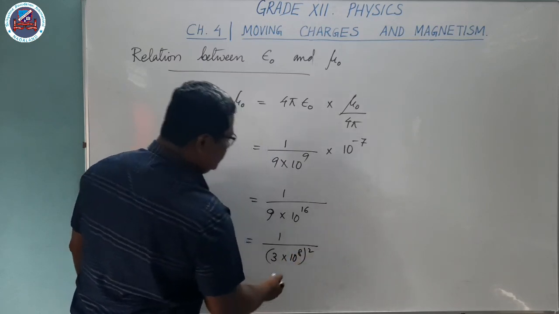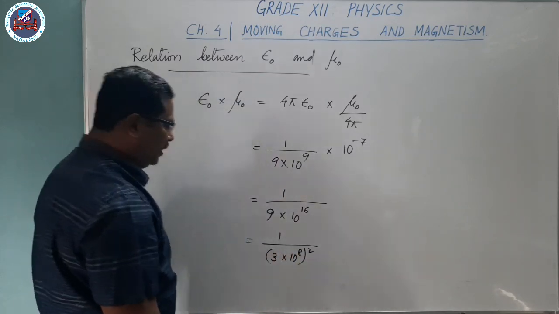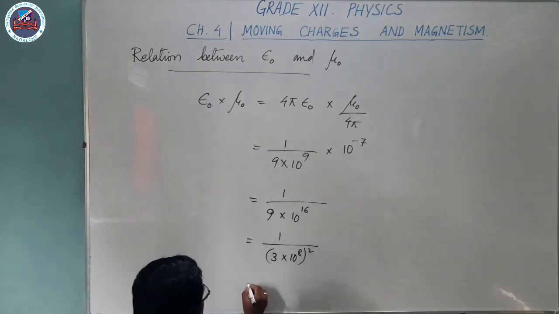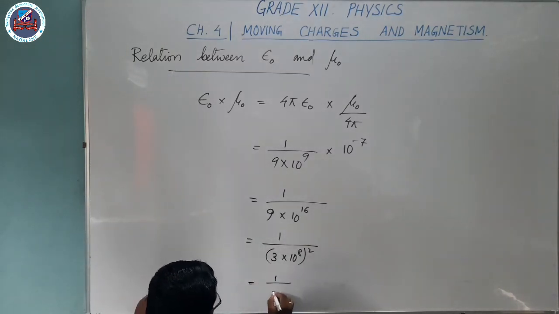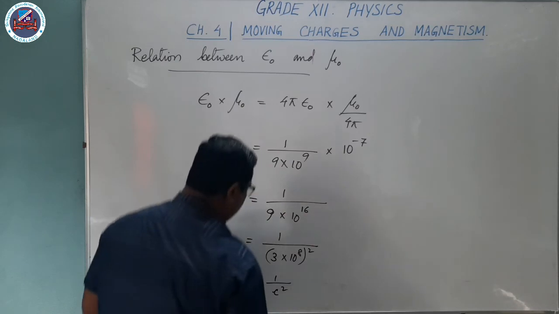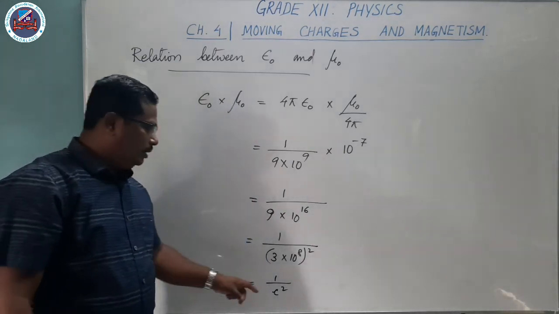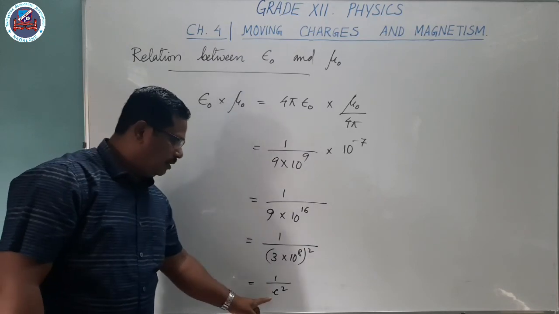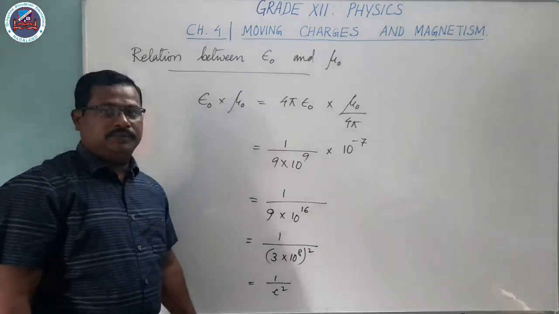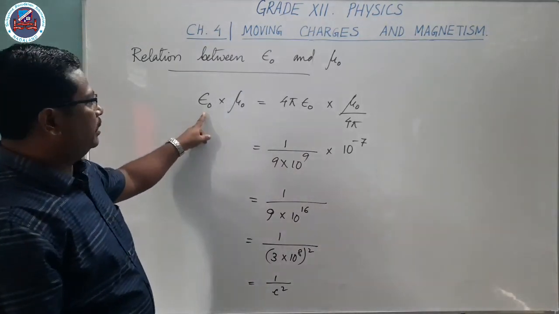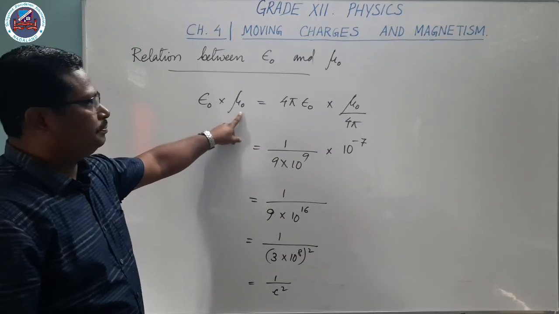And this is the speed of light in vacuum. We write it as 1 by c square. Or you can say that epsilon naught is equal to 1 by mu naught c square. So this is a relation between these two, epsilon naught and mu naught.